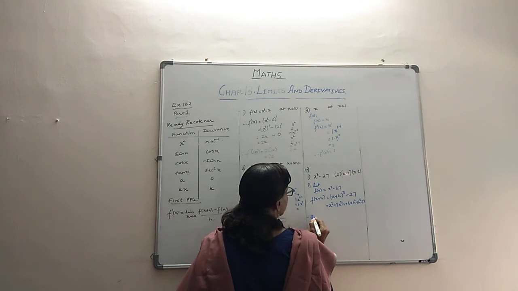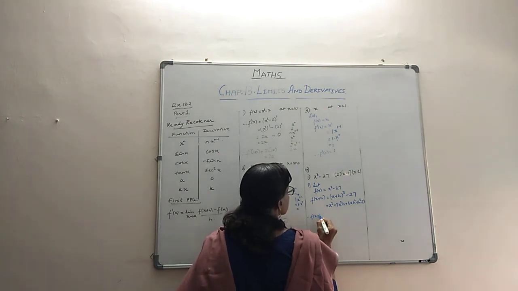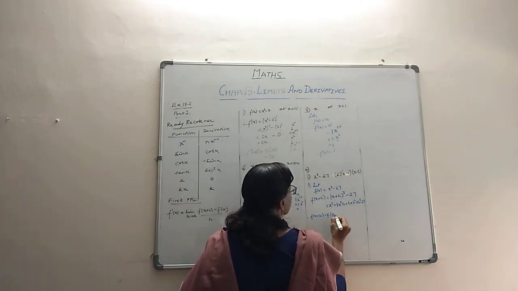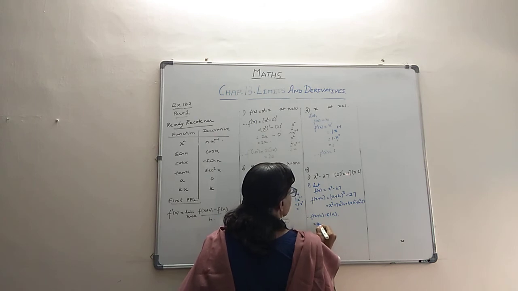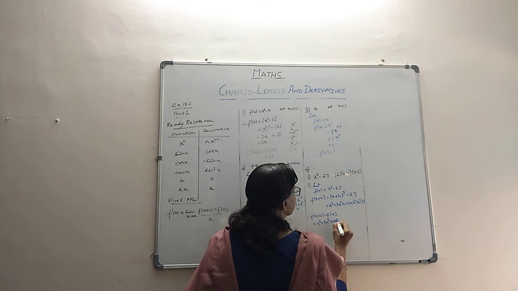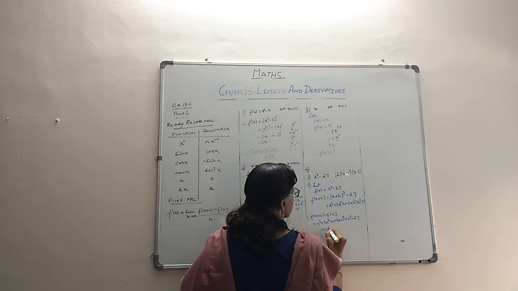Then therefore f of x plus h minus f of x. How much will come? Minus f of x, so x cube minus 27.